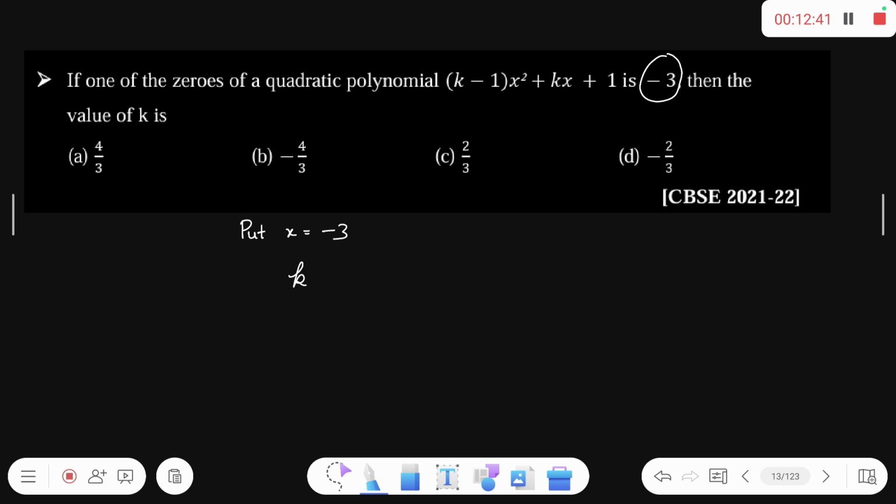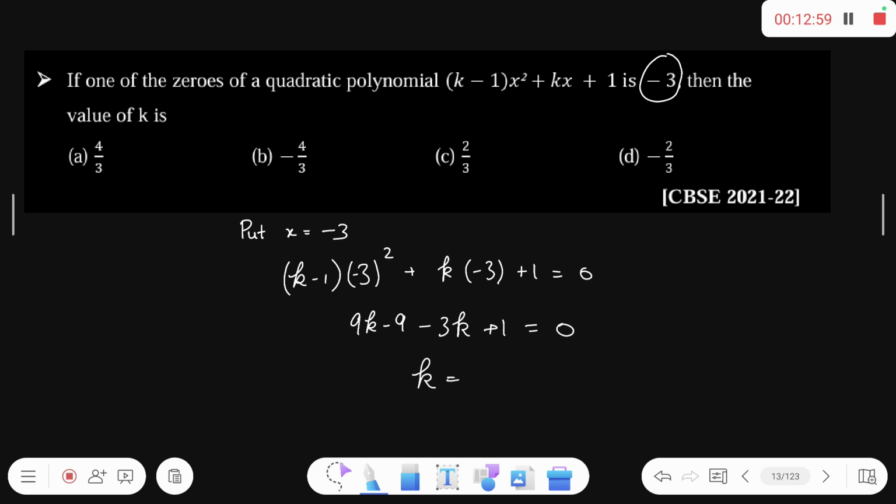So it is (k minus 1)(minus 3) whole square plus k(minus 3) plus 1 equal to 0, and it becomes 9k minus 9 minus 3k plus 1 equal to 0, or k comes out to be 4 by 3 after taking it into lowest form. So A is your answer.